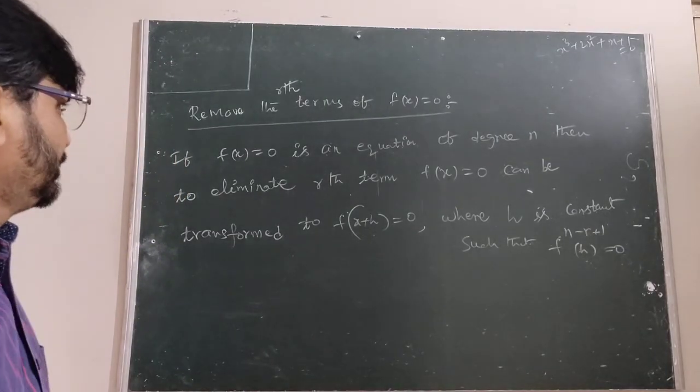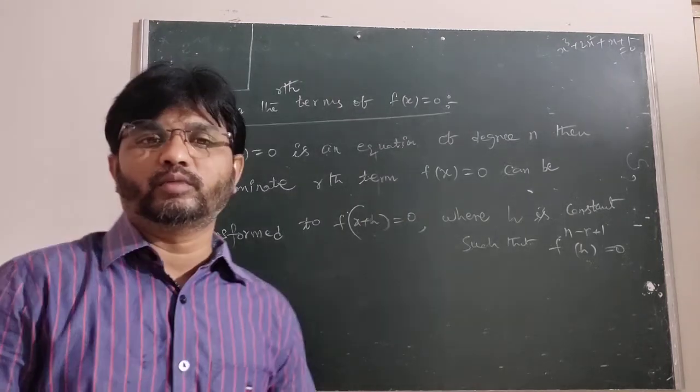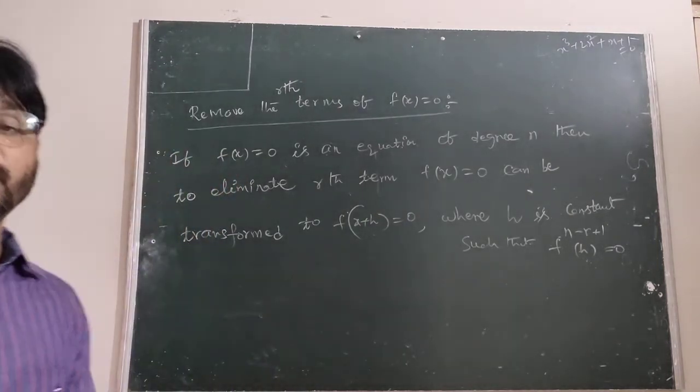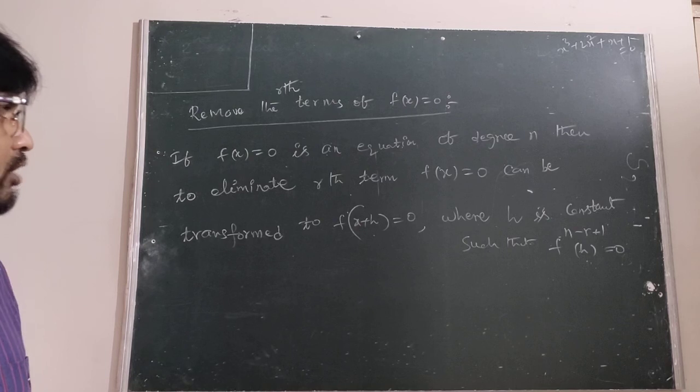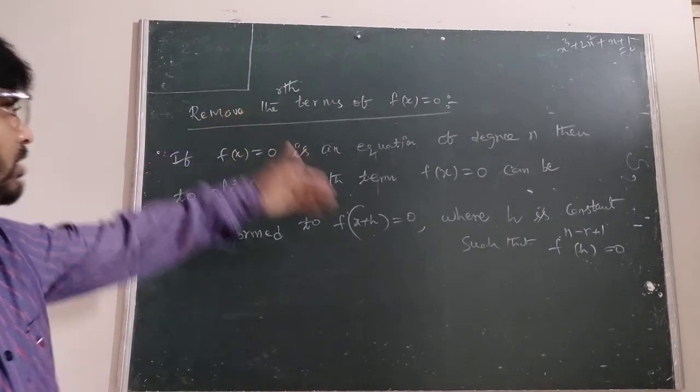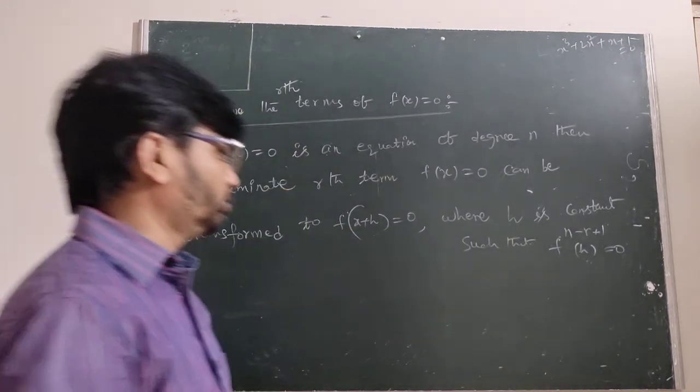So now we are going to discuss how to remove the third term or fourth term or fifth term in the polynomial equation f of x equal to 0. Therefore, here we remove the rth term of f of x equal to 0.